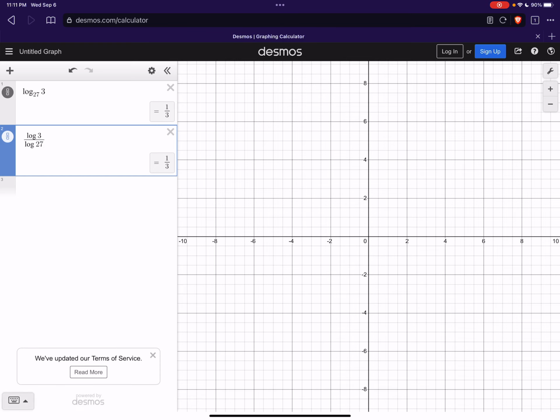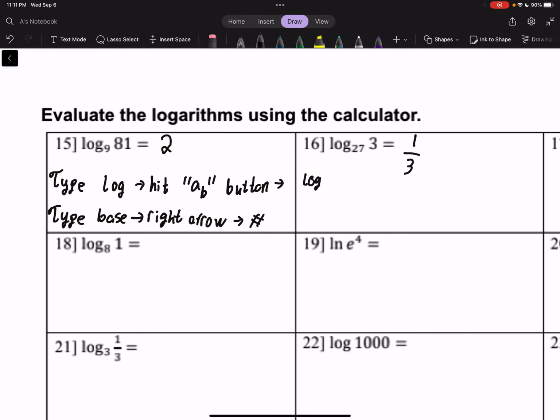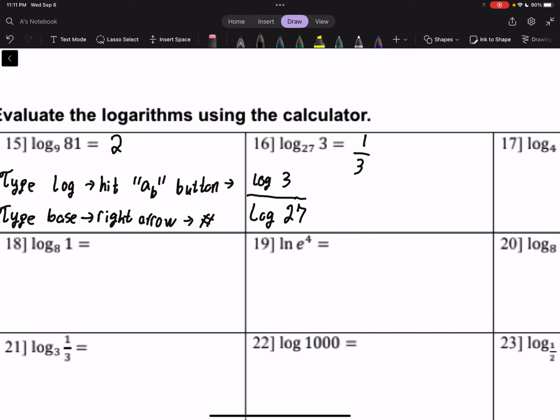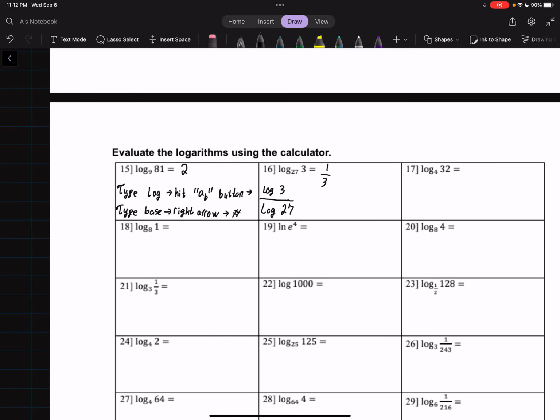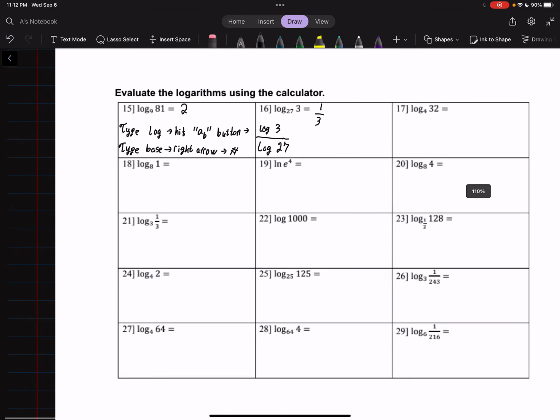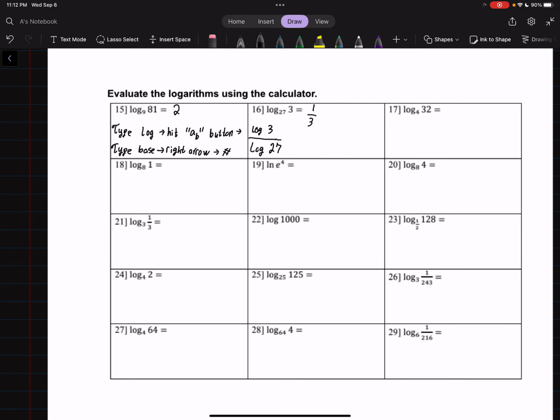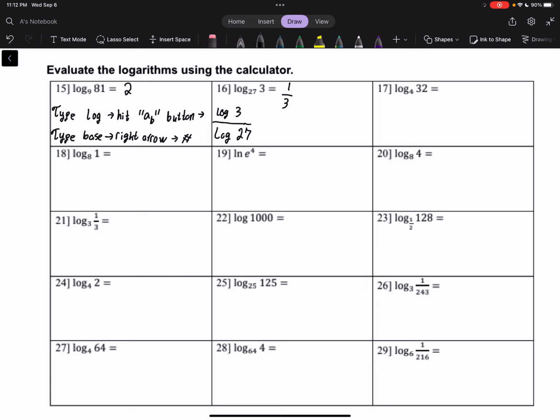And it gives you 1/3. Okay, you can have it either way. I don't know which one you believe is easier, but I like the first way just because I don't have to remember which number goes on top. I believe it makes it easier for you, but do whichever one you are more comfortable with.